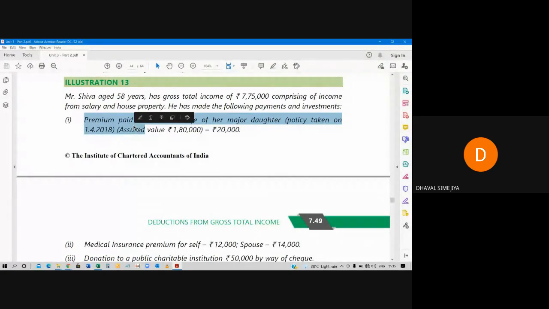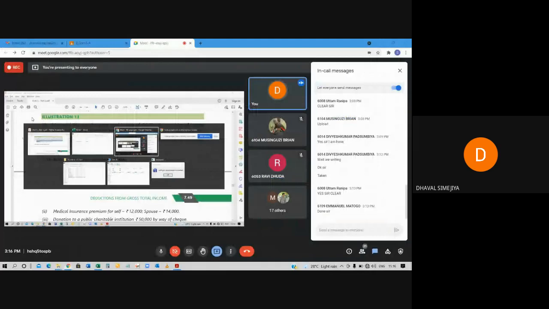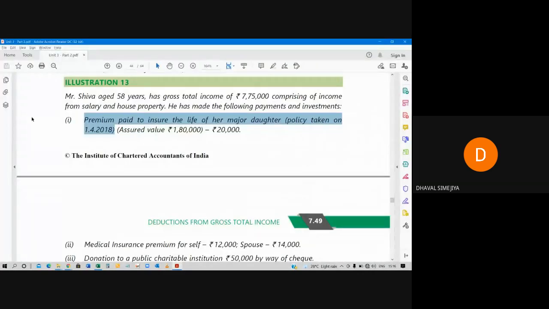The insurance policy was taken on 1st April 2018, assured value 1,80,000, and the premium amount is 20,000 rupees. Who will give me the answer: under which section is this deduction available?